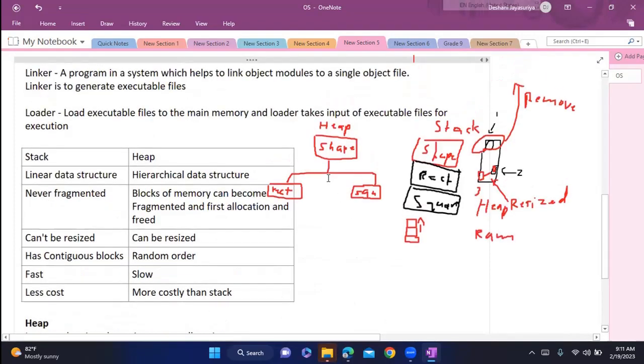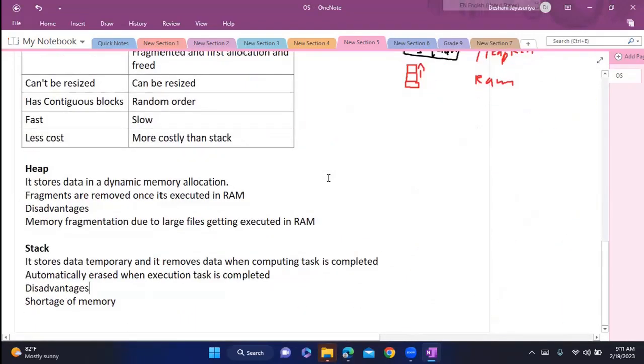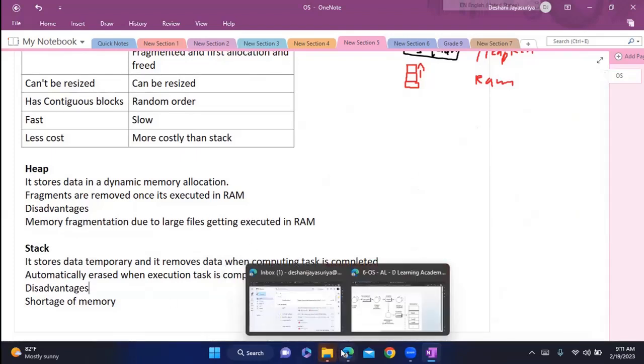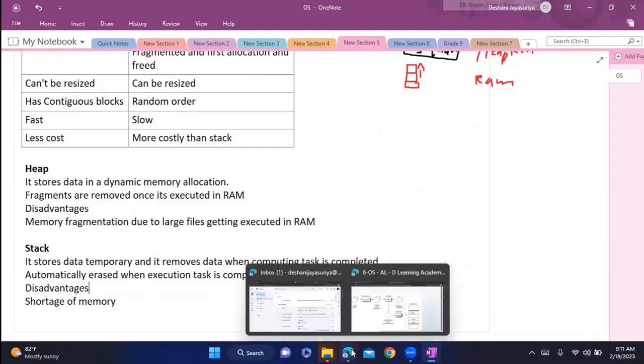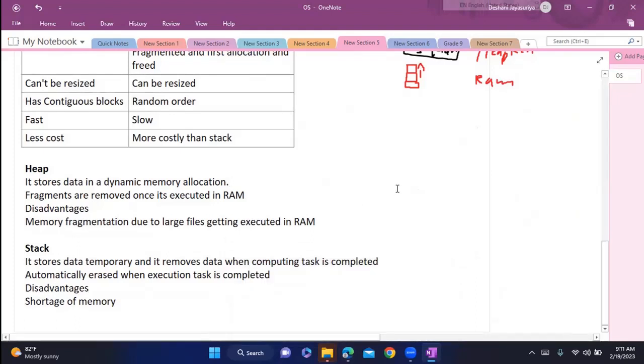but see the things that they can ask on it. When it comes to RAM, when it comes to hard disk, there will be a lot of questions related to these. So you always have to get a better idea of these execution parts. So add these two parts that I added.